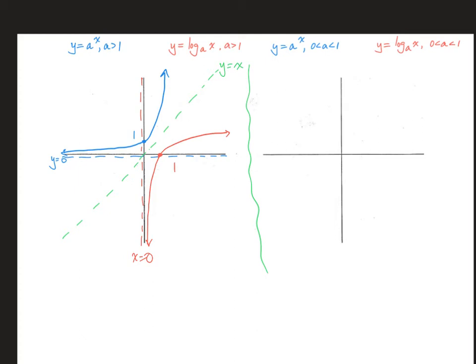So a very quick understanding. If I was to take a look at the blue graph, then what I'm looking at is slope. And so what I want to examine is the idea that before my y-intercept, my slope was very flat.